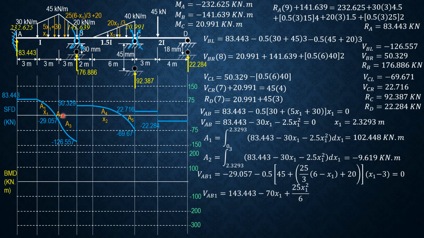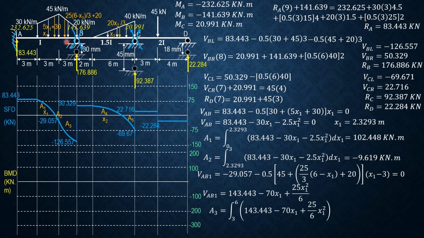So for area 2, to 3 only. And area 2 is expected negative but small, negative 9.619 kilonewton meter.